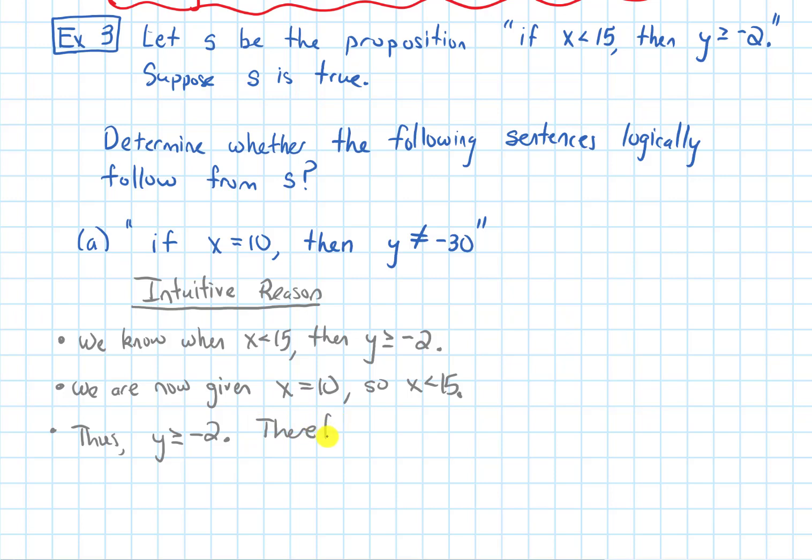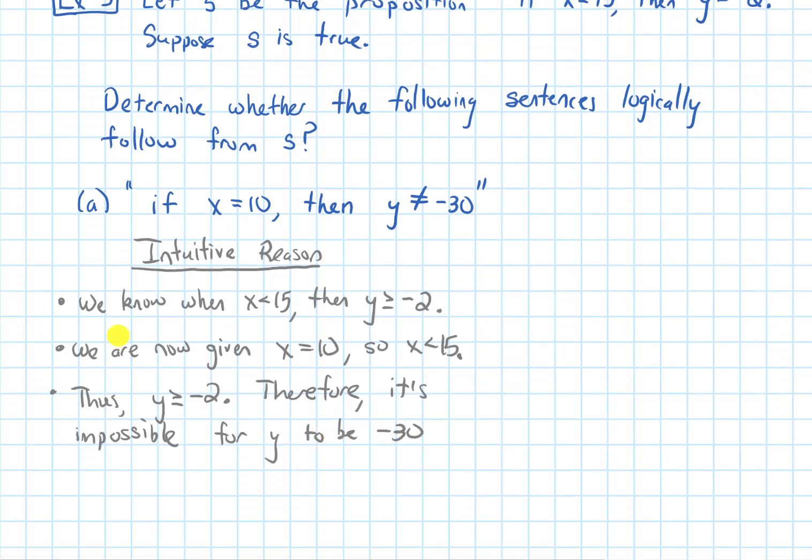Therefore, it's impossible. If y is greater than or equal to -2, it is impossible for y to be equal to -30 because -30 is way smaller than -2. So it's impossible for y to be -30.